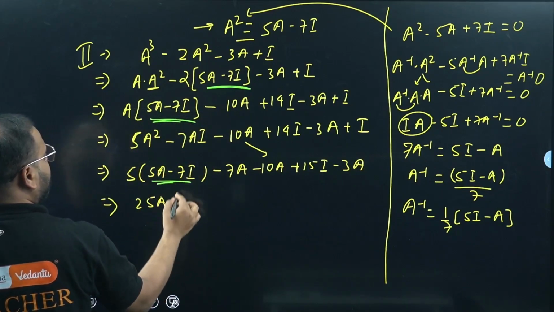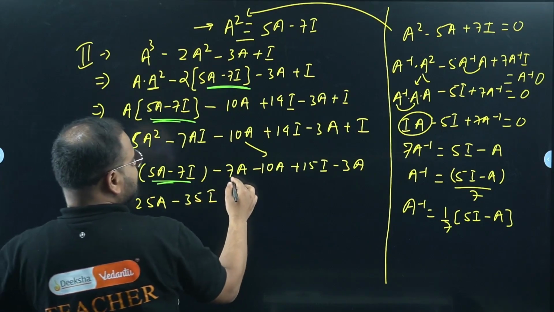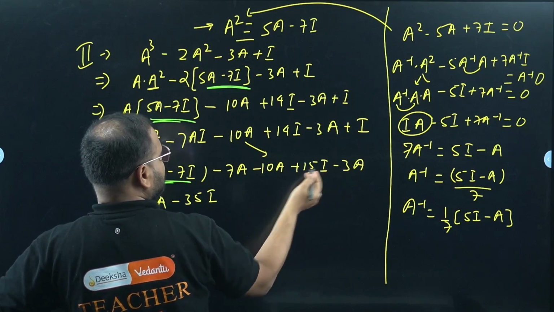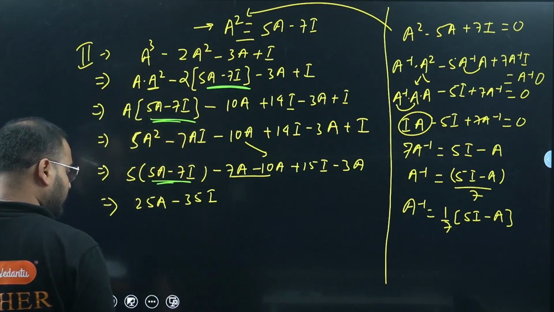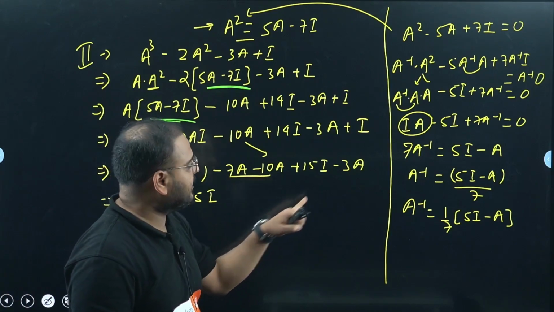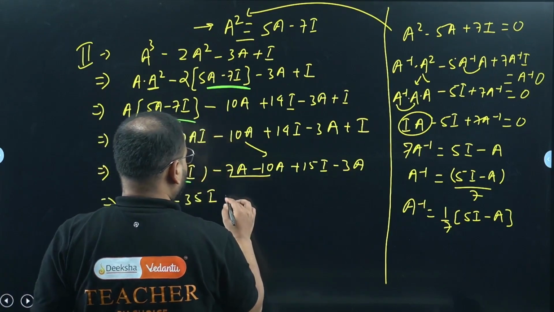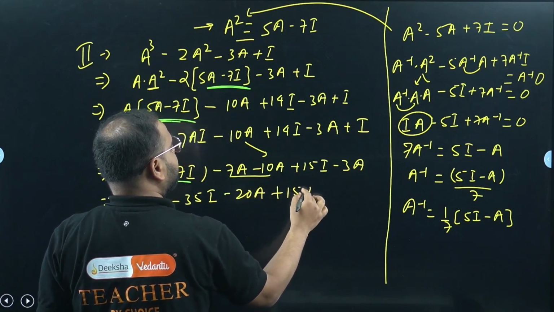25A minus 35I, minus 7A minus 10A, how much is this? Minus 17A and minus 3A. Please check. Minus 7A, minus 10A, minus 17A, minus 3A, minus 20A, and this is just 15I.